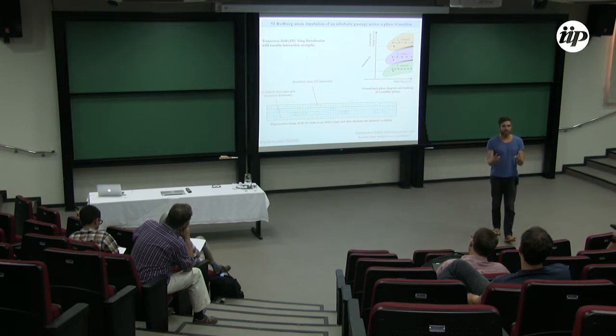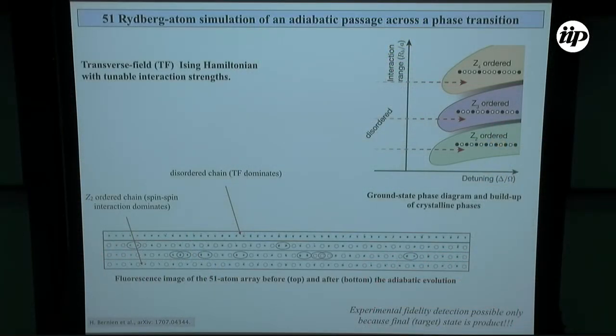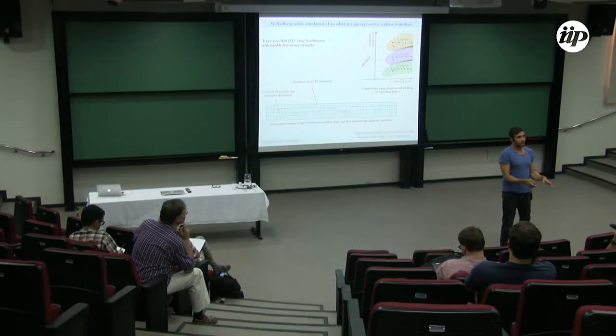Imagine that I start my system of 51 spins with a very intense transverse field, so all the spins are aligned with the transverse field. You can see this here: red and blue stand for up or down, so all the spins are pointing up. Then adiabatically, you start increasing the strength of interaction.